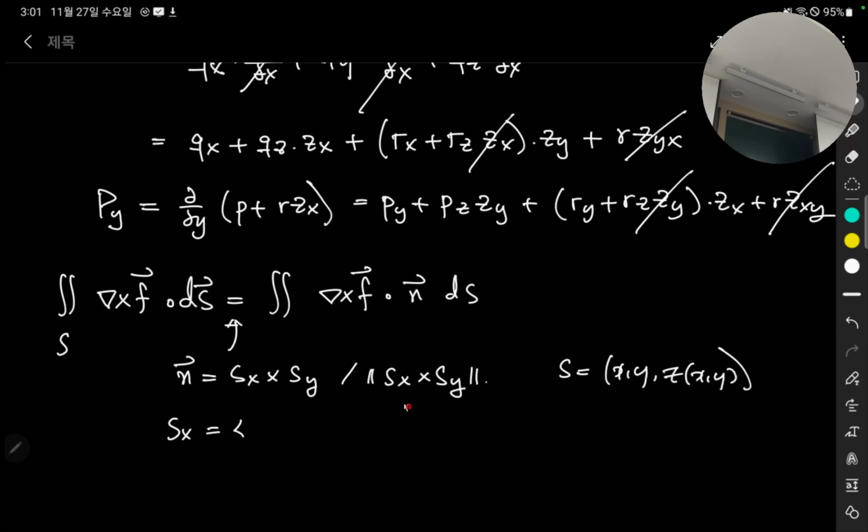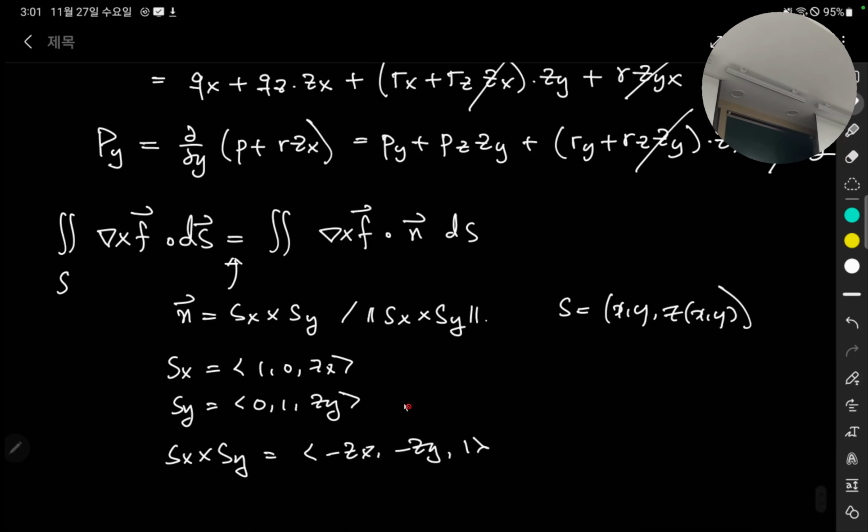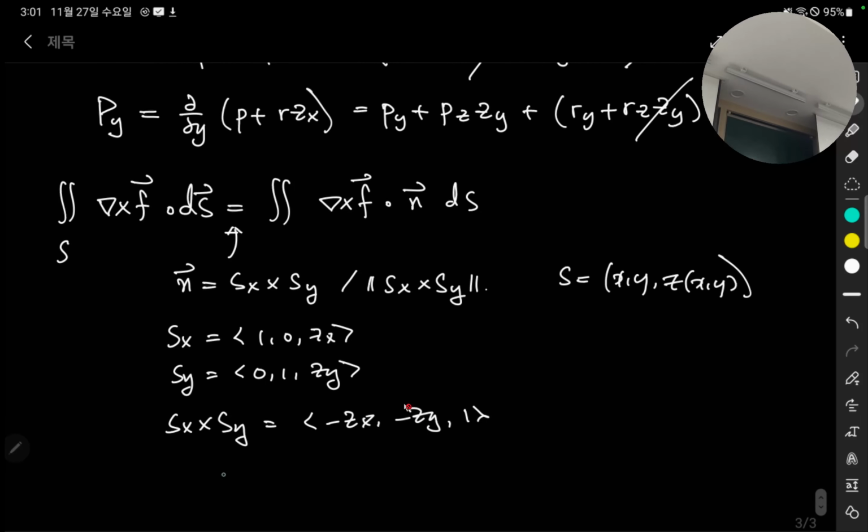So S_x is (1, 0, z_x). S_y is (0, 1, z_y). So therefore, S_x cross S_y is (minus z_x, minus z_y, 1). So we're going to plug that in here over the S. Let's not put the S yet. We'll see that it disappears.